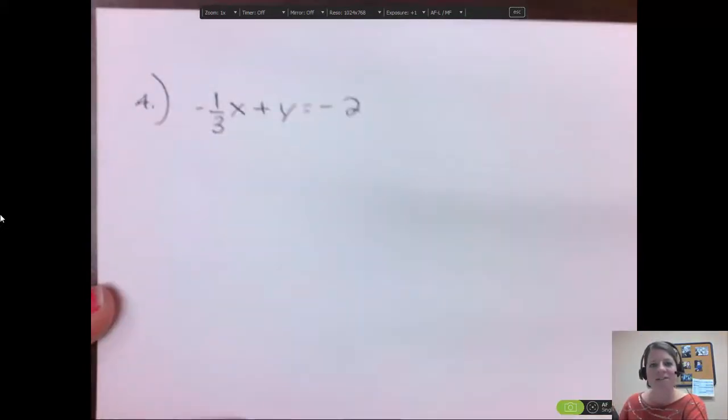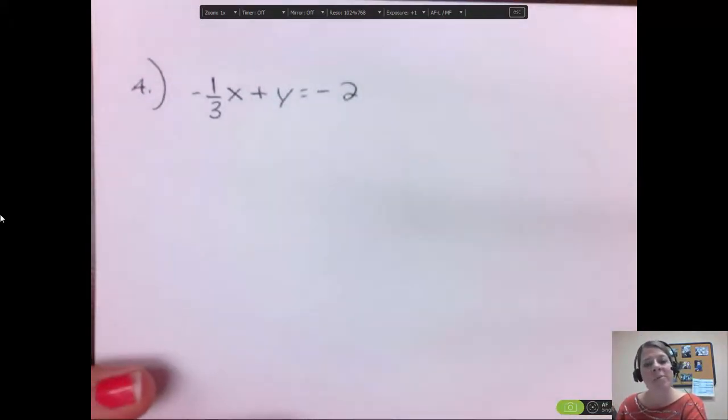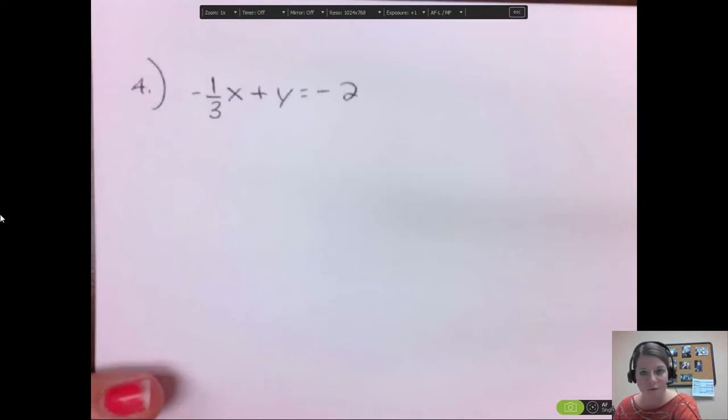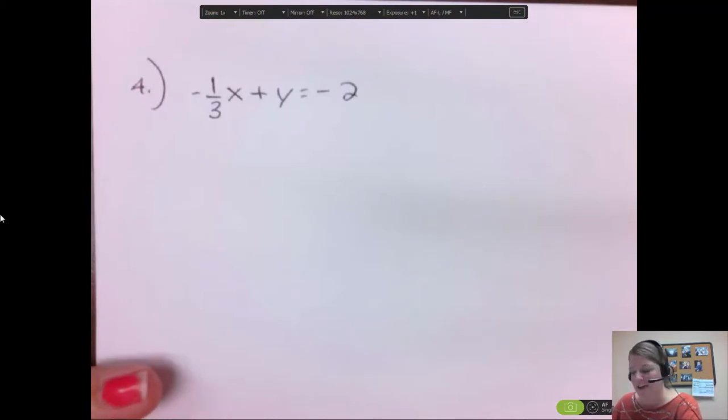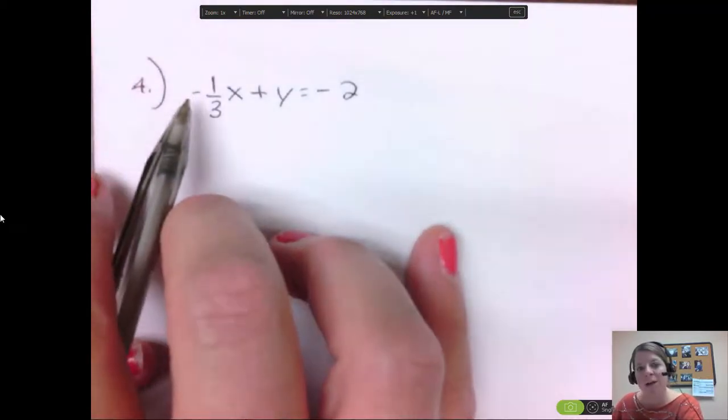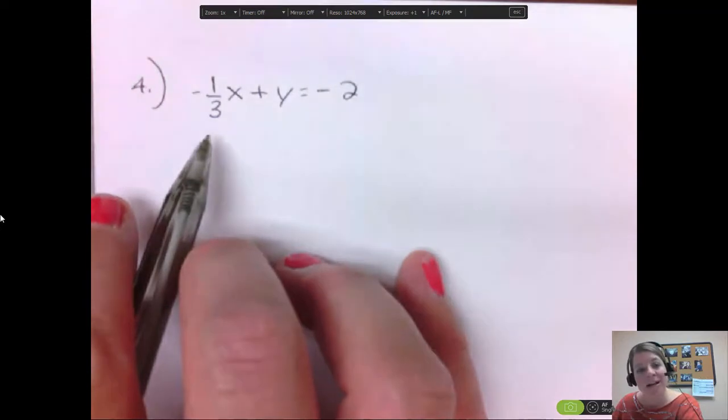So let's say I solved and I got this. All right. This was my standard form. It's actually not considered standard form because it has a fraction. What can I do to get rid of that fraction? And it can't be negative. So what I can do is I can times it by the denominator.